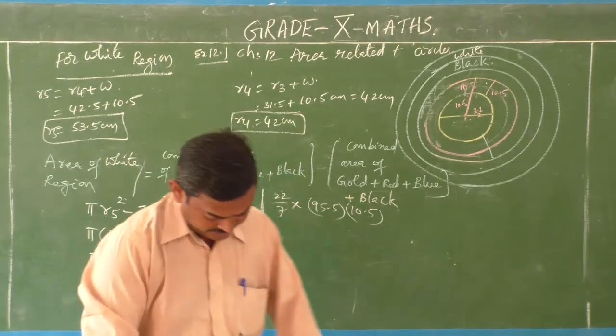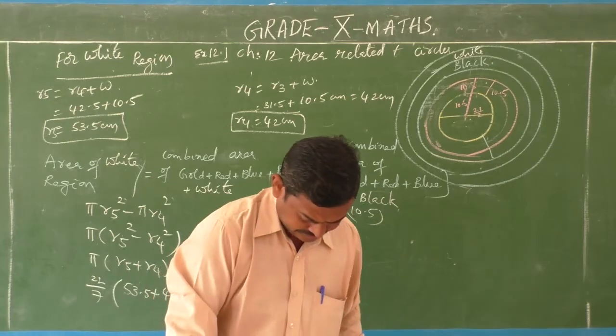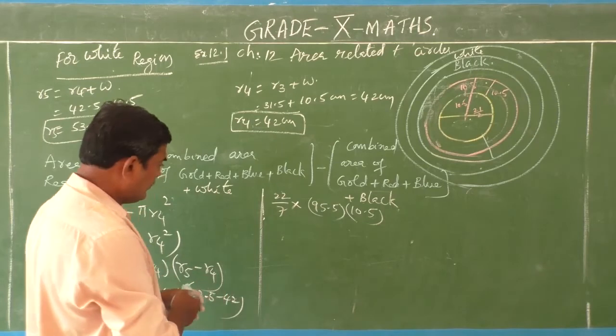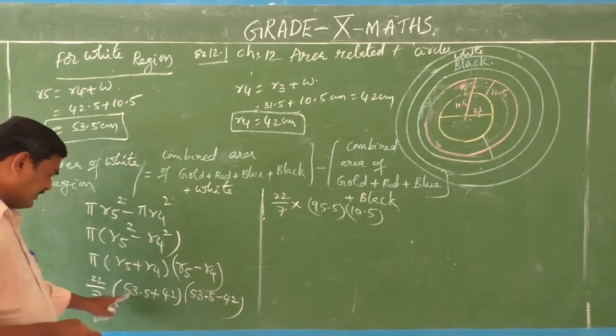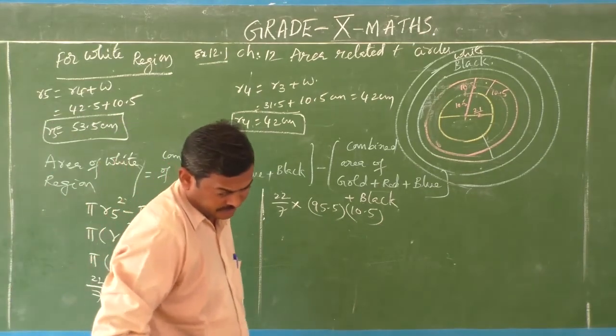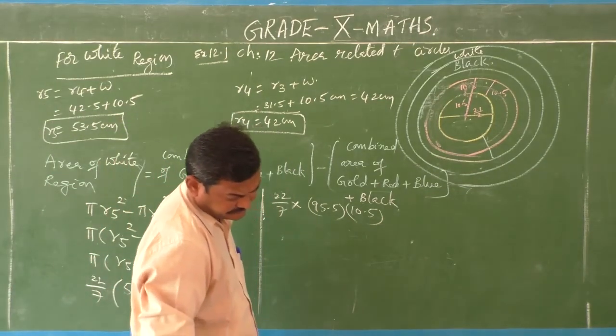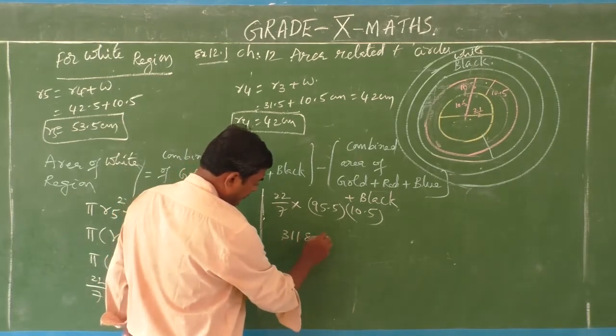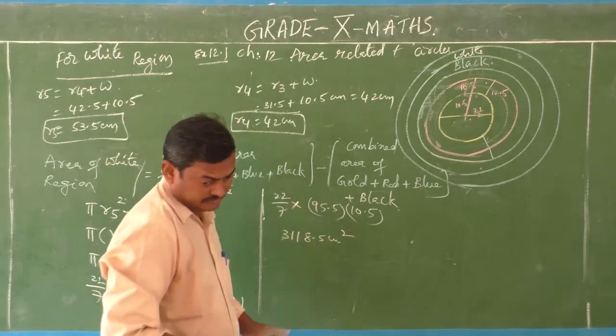If you simplify means 3180.5 centimeter square.